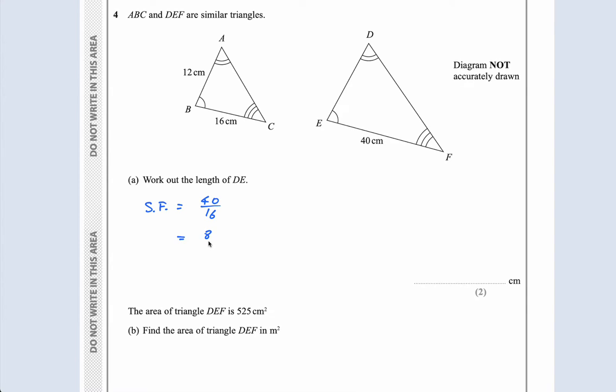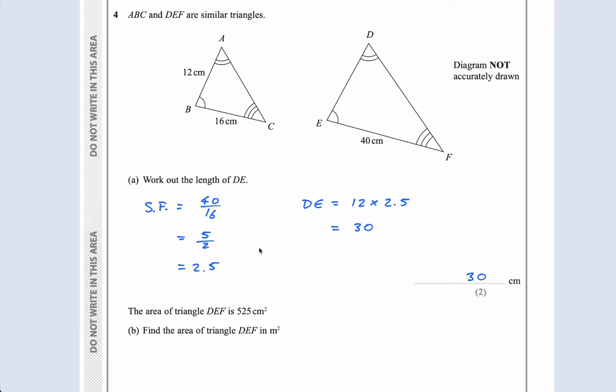It's 5 over 2, divided above and below by 8, which is actually 2.5. So if I want to find DE, all I need to do is multiply this side, because that's its corresponding side, by 2.5, and 12 times 2.5 is 30. Use your calculator if you need to.